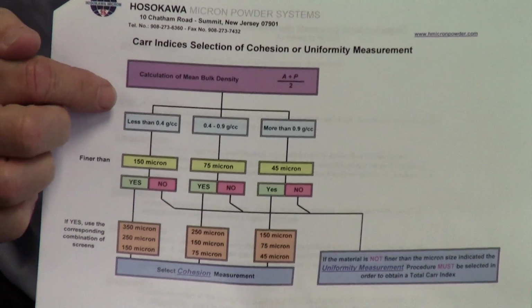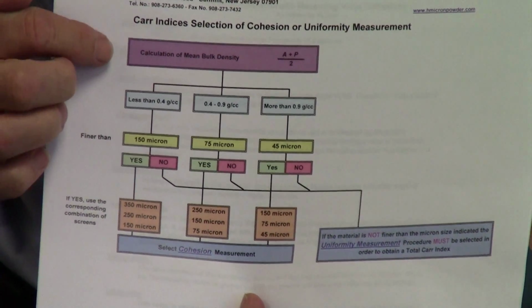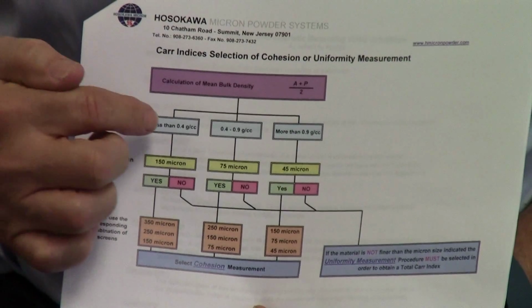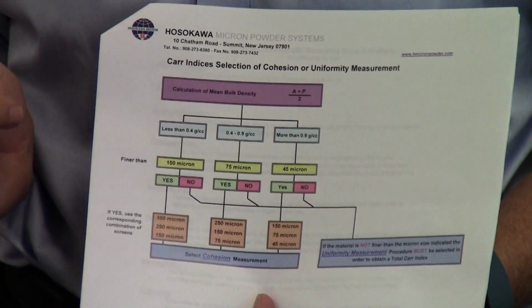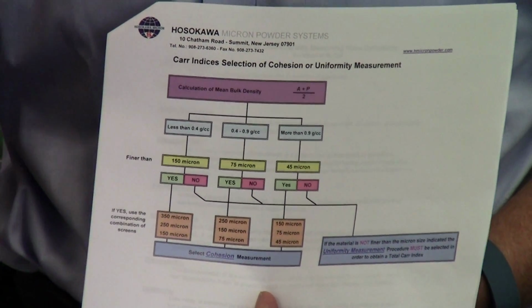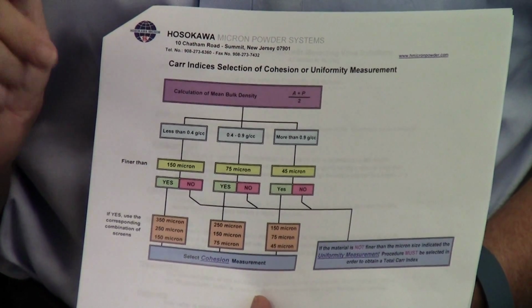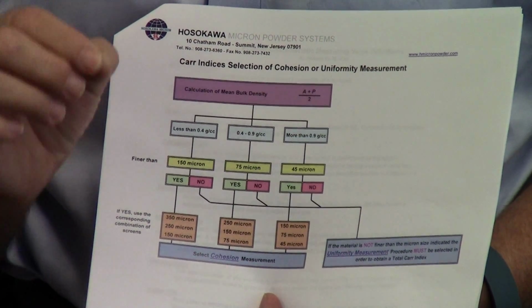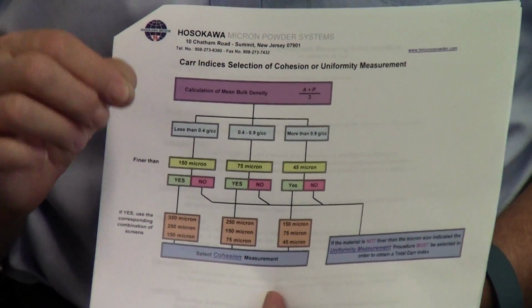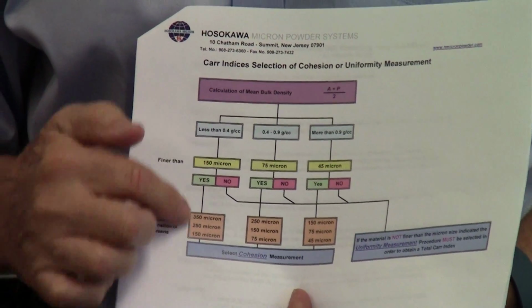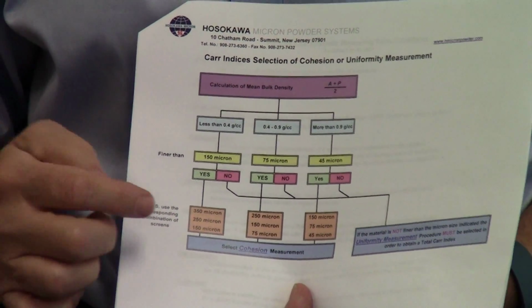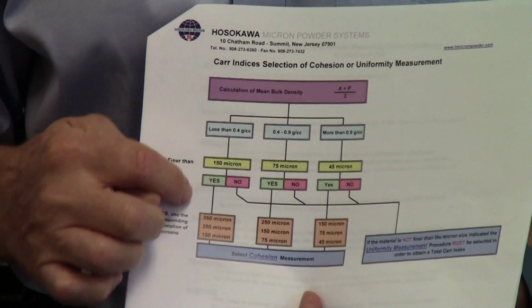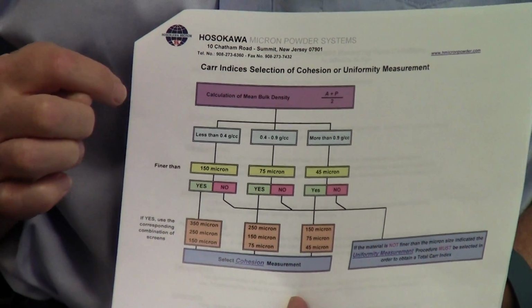So let's take, for example, if your sample has a mean bulk density of less than 0.4 grams per cc, and, this is another critical part, is less than 150 micron, you then can perform the cohesion test utilizing the recommended sieve screens.